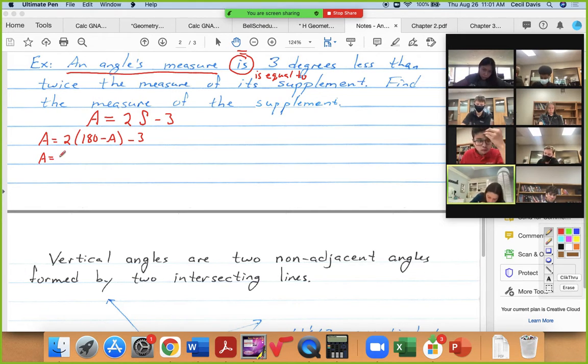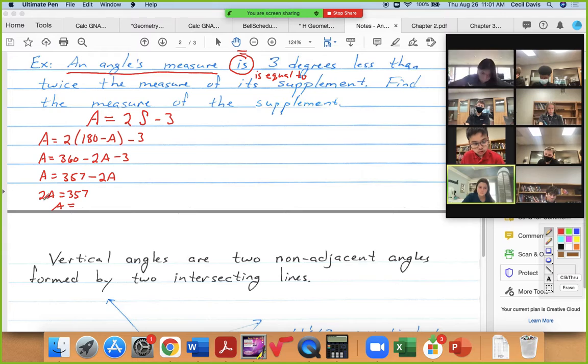So A would be equal to 360 minus 2A minus 3. So grouping the like terms, we have A is equal to 357 minus 2A. So 2A is 357.